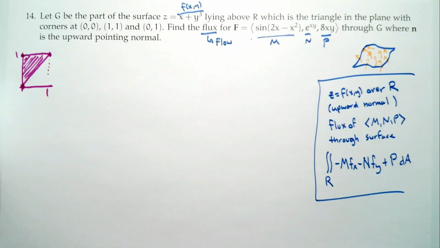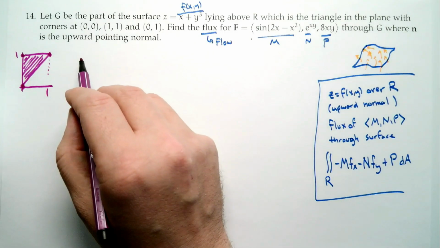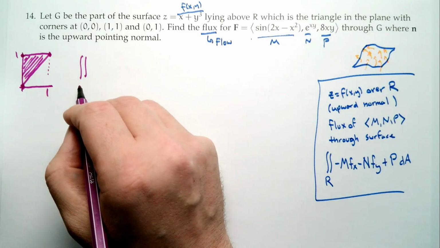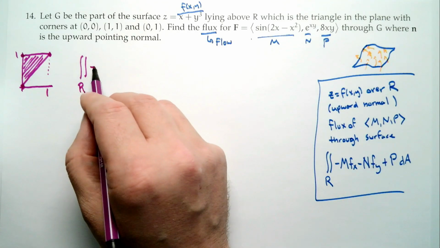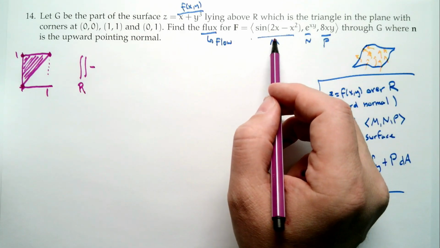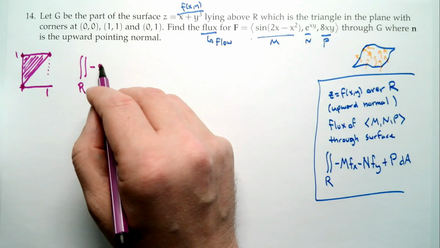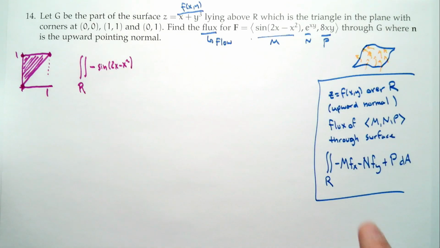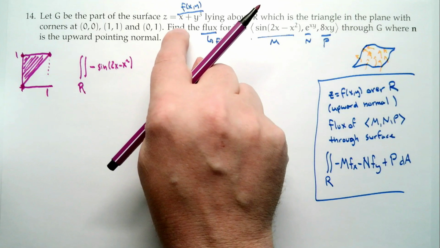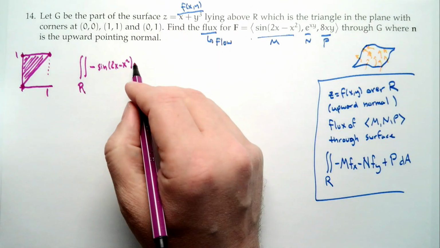Okay, so we are looking for the flux. It will be the integral over this region of minus M, so that's sine 2x minus x squared, times f sub x. f sub x is 1, so times 1.